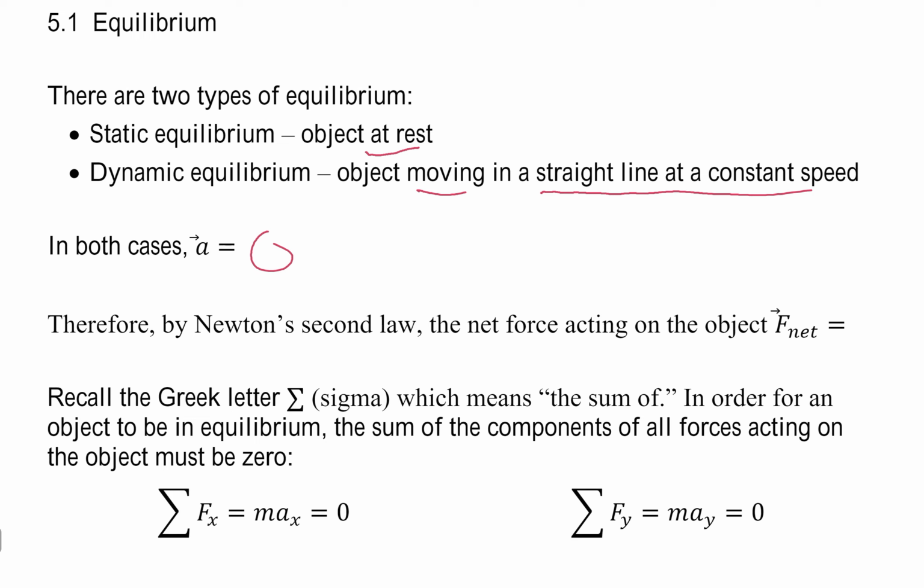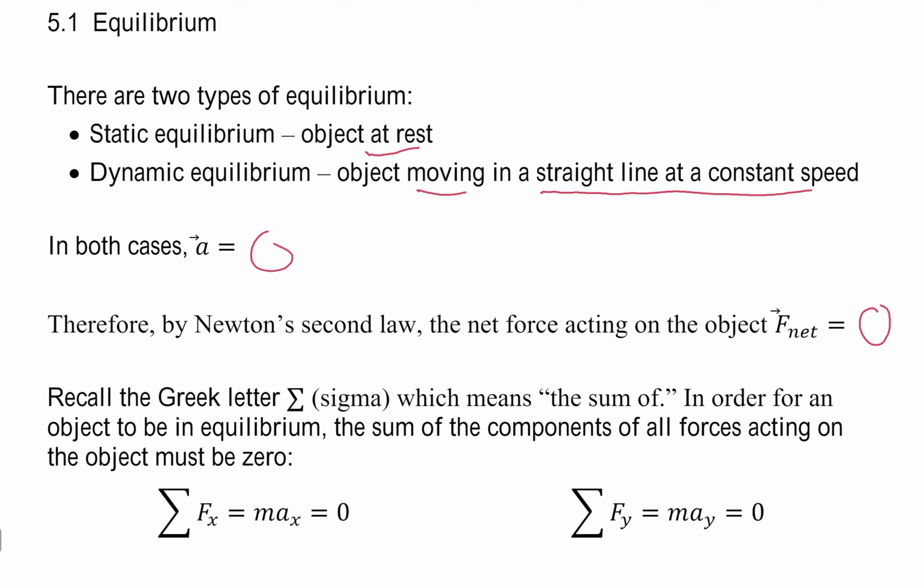Therefore, if the acceleration is 0, Newton's second law, remember, is F equals ma, or a equals F over m, as we talked about. But if we use it in the form F equals ma, if the acceleration is 0, then the net force must be 0 also, okay? So for us to be in any equilibrium, the net force must be 0.